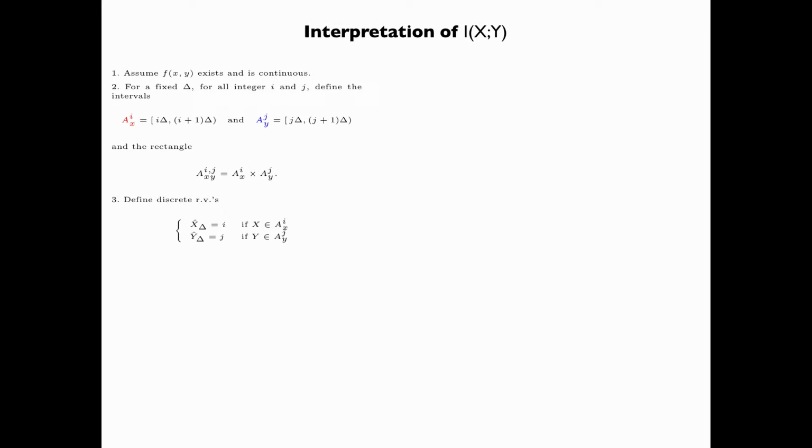Accordingly, define the discrete random variables X hat delta equals i if the random variable X is in the interval A_X^i, and the random variable Y hat delta equals j if the random variable Y is in the interval A_Y^j. The random variables X hat delta and Y hat delta are quantizations of the random variables X and Y respectively.